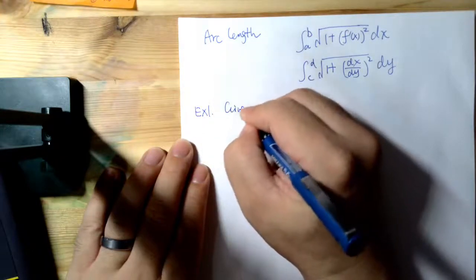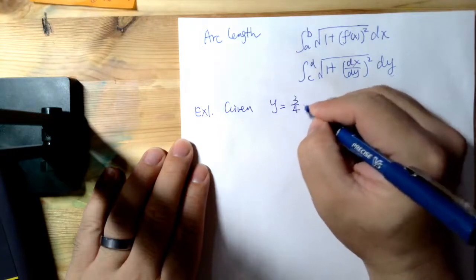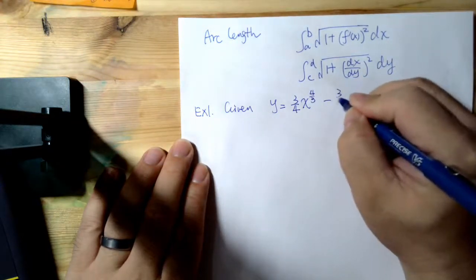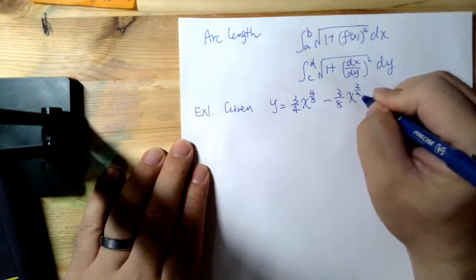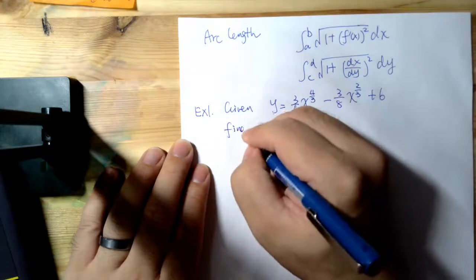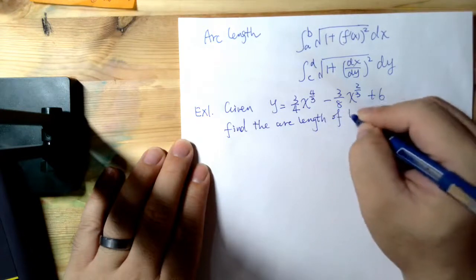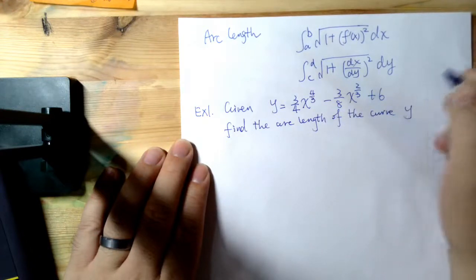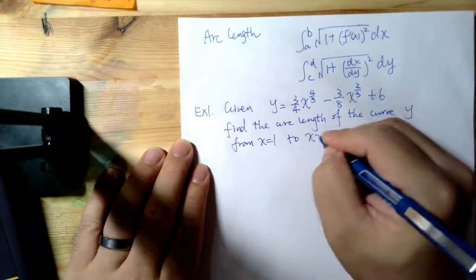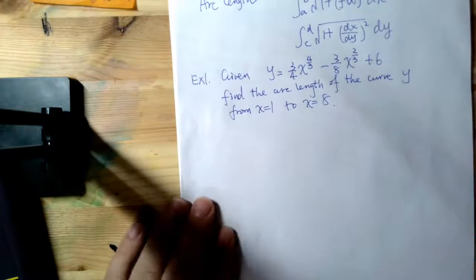Given y equals 3/4 x to the power of 4/3, minus 3/8 x to the power of 2/3, plus 6, find the arc length of the curve y from x equals 1 to x equals 8. Okay, so that's the problem we're going to deal with.